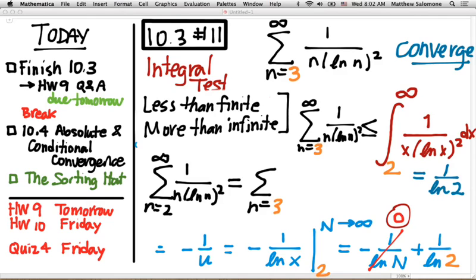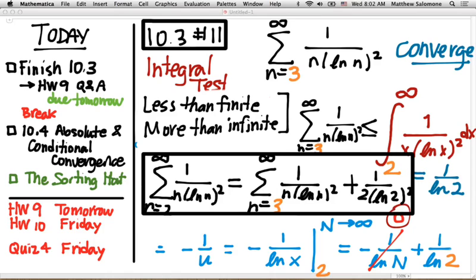Yeah, I'm just missing actually only one term from this series. I'm only missing the n equals 2 term. And the n equals 2 term has a finite value, so that's not going to screw up our conclusion. The sum of 1 over n ln n squared plus the term for when n equals 2, which is 1 over 2 times ln 2 squared. A little cluttered, but that will do it.